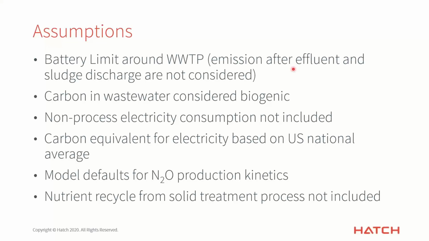Also, we assumed the carbon equivalent for electricity based on the US national average that I just showed you. And we used the default nitrous oxide production kinetics in the GPS-X model. One other thing is that we didn't include the nutrient recycle from solids treatment processes while comparing those different configurations in group 1 and group 2.